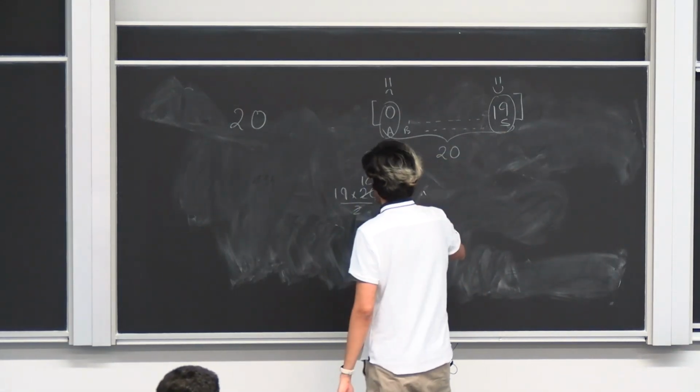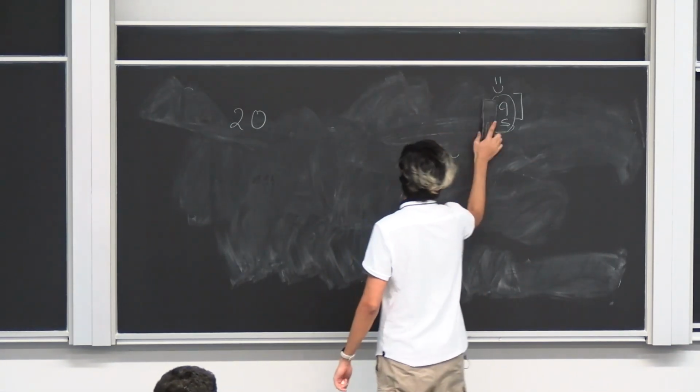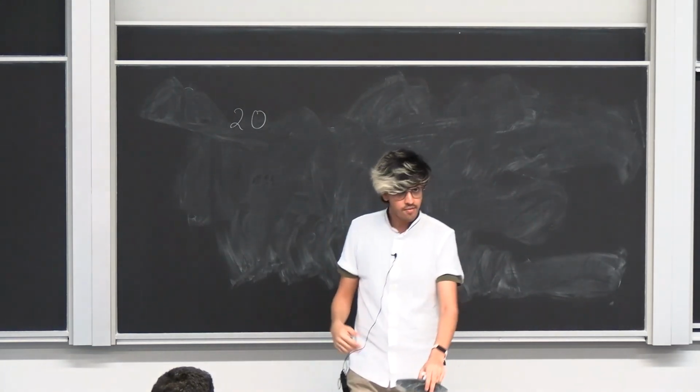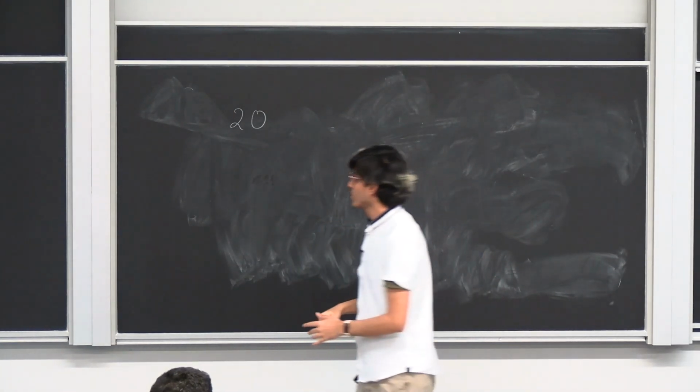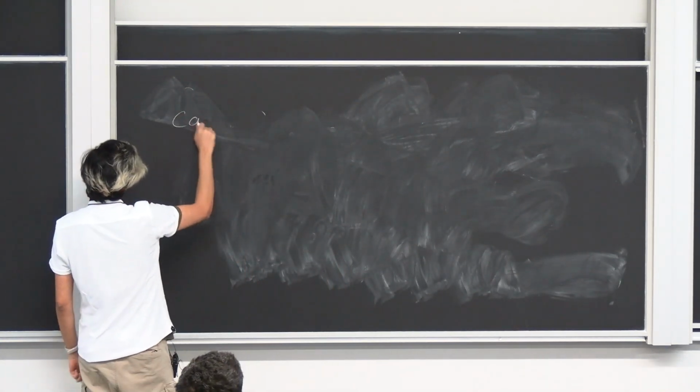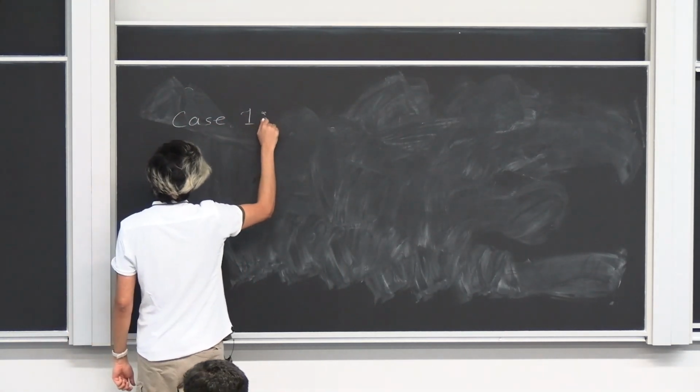We show that this contradiction is why we can't have a pigeon in each hole, and usually that's enough. But I'll show an alternative way where you can break it into cases. Case 1.